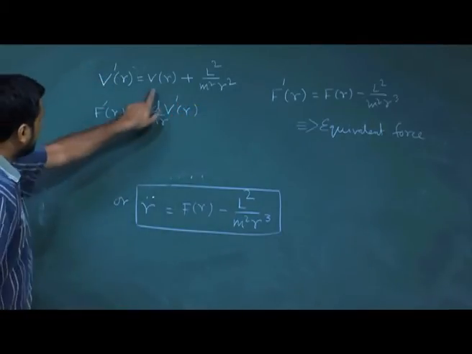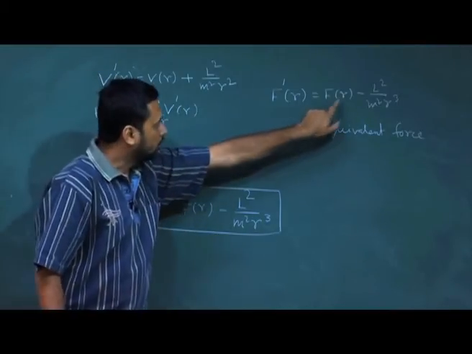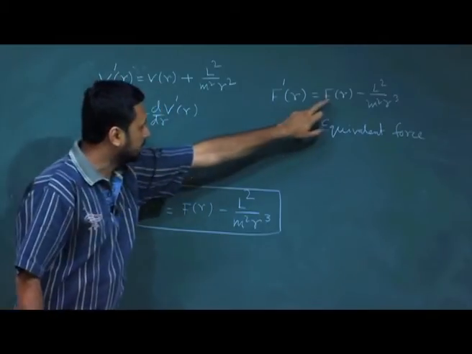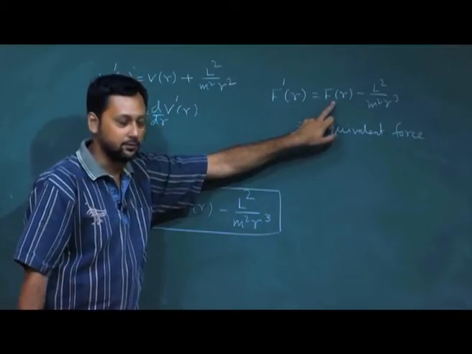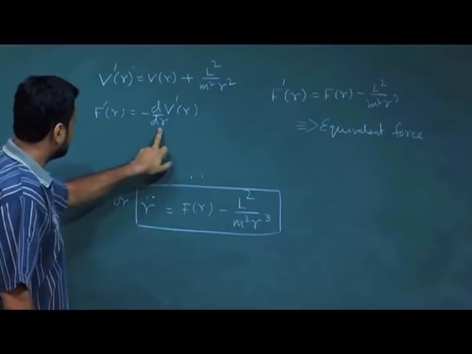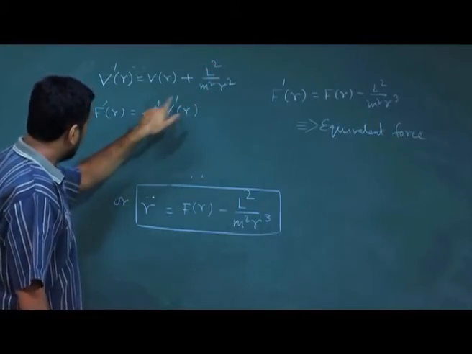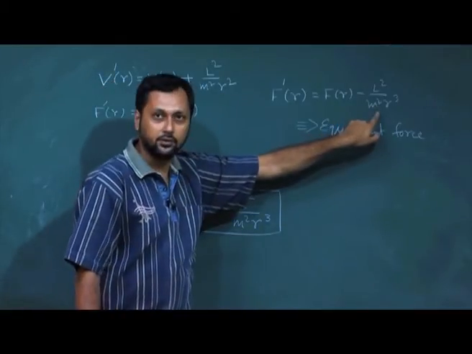Check that. The first term will give you the standard force, minus dV dr, which is the standard force term due to the presence of the central field. The second term, if you perform this derivative, will give you L square by m square, there is a minus term coming up and it will be r cubed, which is exactly equivalent to this term.